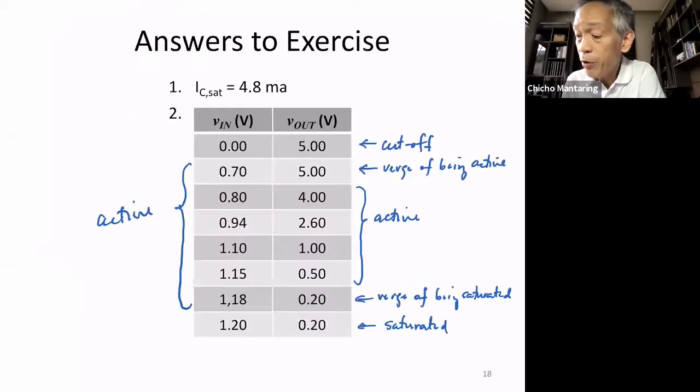So we went through that. Because the input voltage is less than 0.7, you get no conduction, it is cut off, and therefore your output is 5 volts.